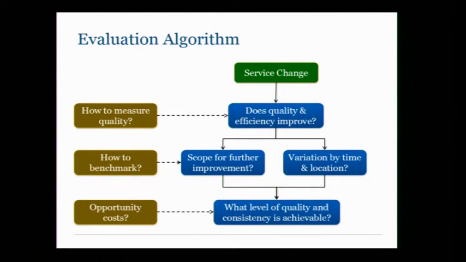So the first question is: we make a service change, do we see an improvement in quality and efficiency? And by efficiency, I'm talking about quality improved at reasonable cost. Or what is the cost impact of any changes that we see that maybe vary from what were intended.